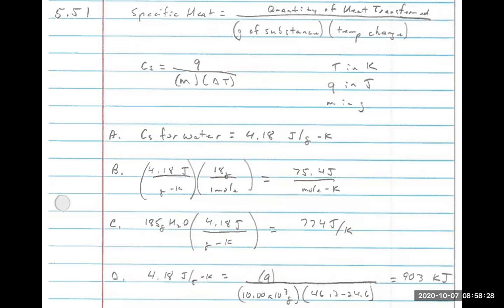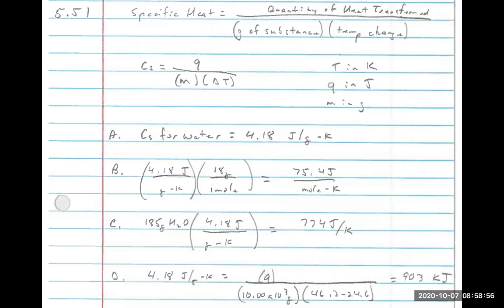So the molecular weight of water is 18. And so by having 18 grams per mole, we see our grams cancel. And now we're at 75.4 joules per mole degree Kelvin. So once again, that's simply a dimensional analysis problem.